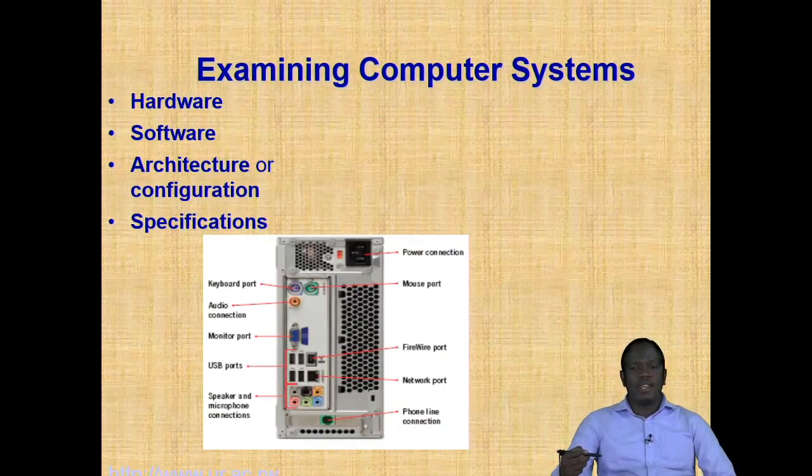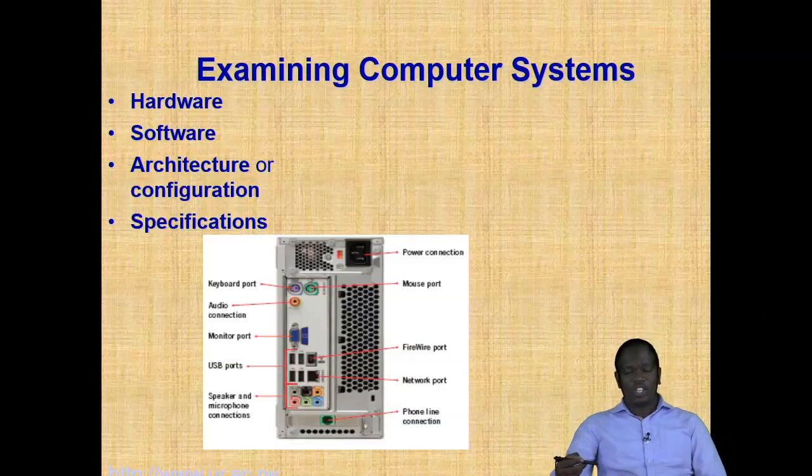We just examine the computer systems. On examining the computer system, we have 4 categories. We have software, hardware, architecture, and specifications. Hardware is the physical part that you can touch. And software is a list of instructions or a list of programs.